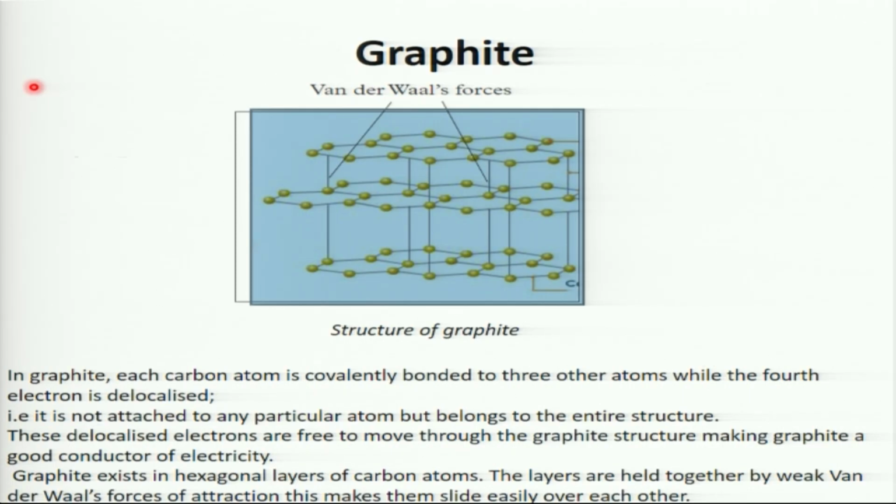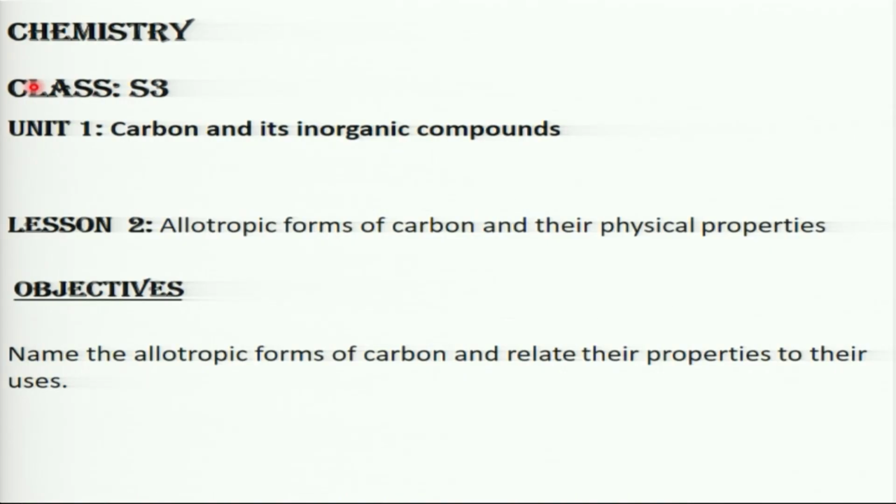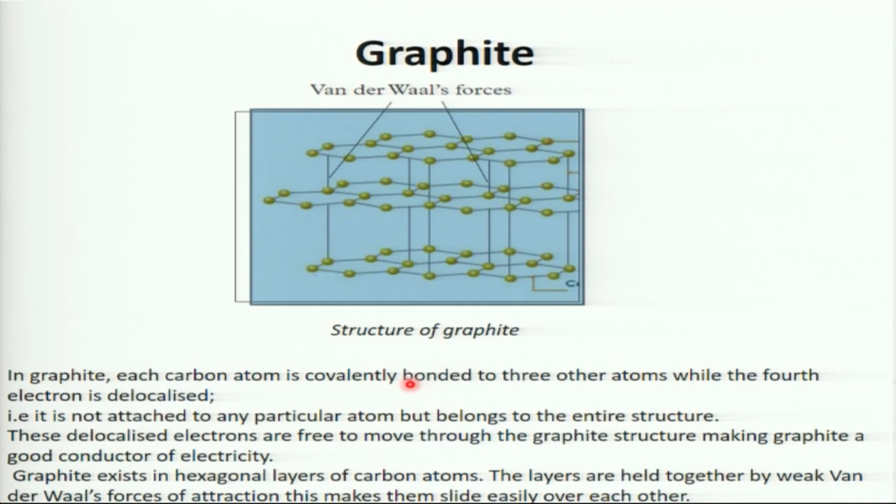All right? So what is the objective of the lesson? The objective of the lesson is to name the allotropic forms of carbon and relate them with their properties. So we're looking at graphite today. We're going to look at the physical properties of graphite.